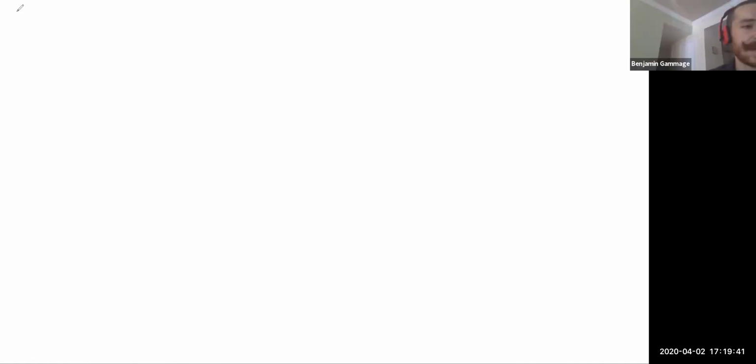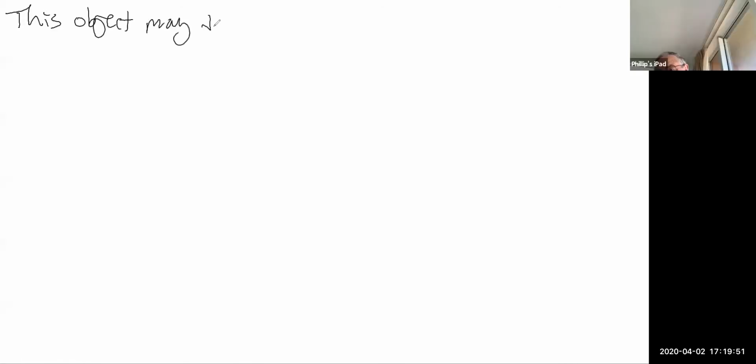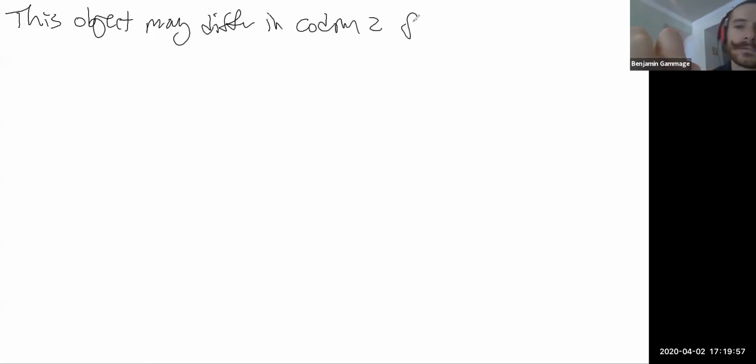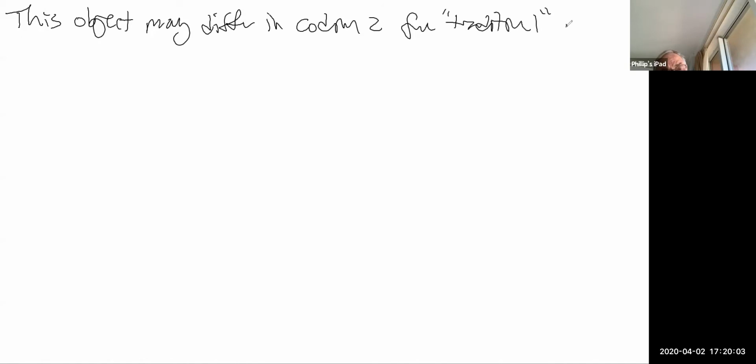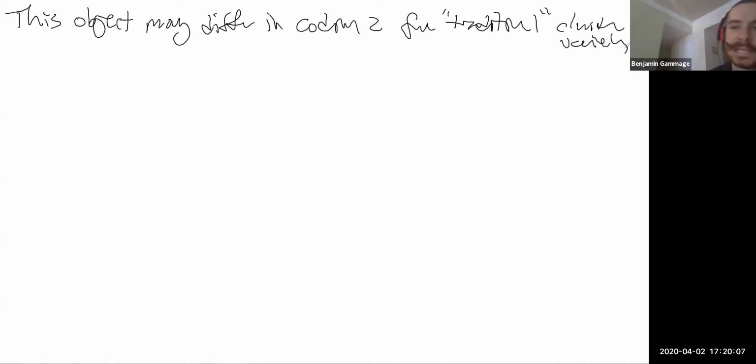Let me put it this way: this object may differ in codimension 2 from a traditional cluster variety.